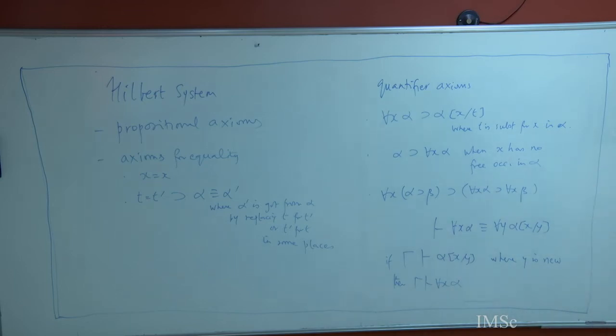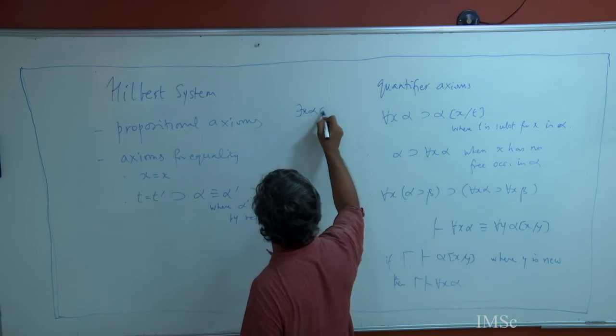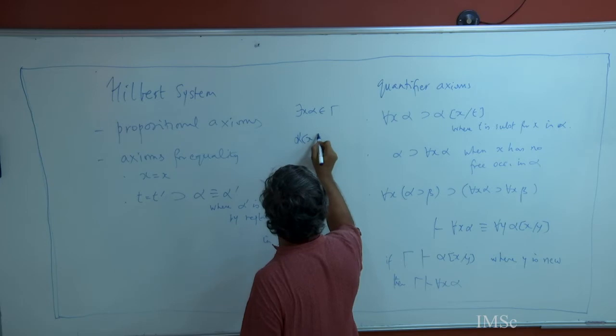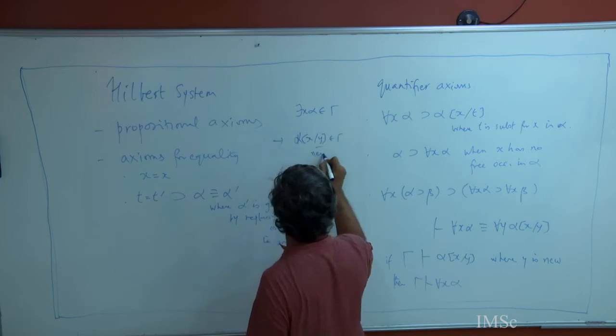Okay, and the only different way that I did it was that rather than expanding the language and working with constants and so on, you can simply use variables, right? So for witness fulfillment, you just make sure that if there exists x alpha belongs to gamma, then alpha with x replaced by y belongs to gamma, where this is a new variable.